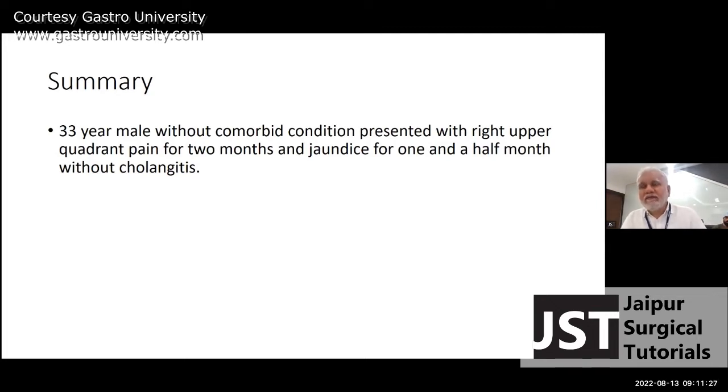In fact, you can have a CBD stone without jaundice also. Yes. But you don't make a diagnosis of CBD stone clinically if there is no jaundice. So you have to have jaundice to make a diagnosis of CBD stone. If cholangitis is there, it supports the diagnosis, but if it is not there, then it doesn't exclude it. So that is what your answer should be.